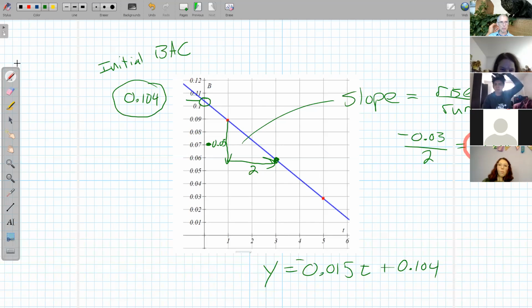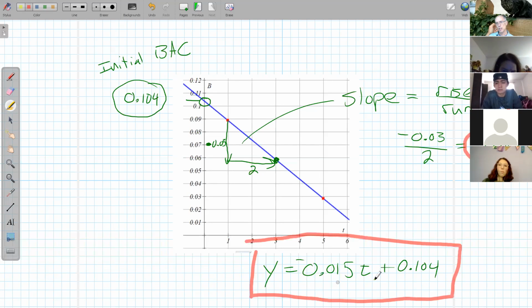So if we consider that equation that we entered for part 3, question number 3, this is the equation right here. The 0.104, that's my initial BAC, which is right here on the graph. And this negative 0.015, that's this slope here on the graph. So it turns out these numbers both appear on the graph. The 0.104 is easier to see than the slope though.